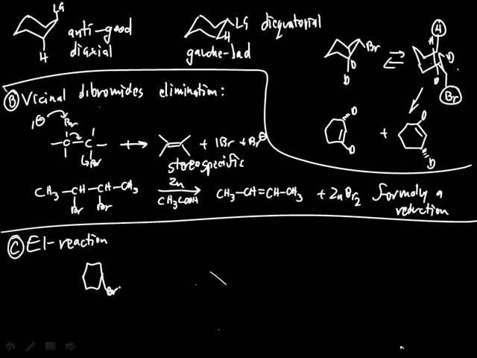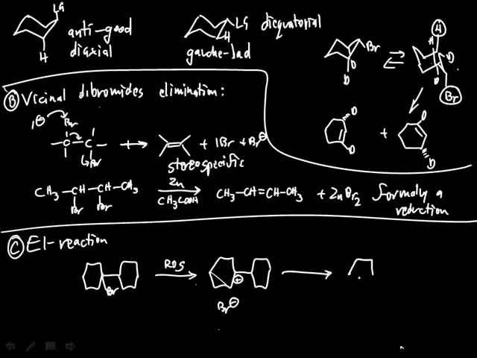So if we had this dicyclohexyl system, then our first rate determining step would be elimination of bromide to give us a cation. And then this cation would then eliminate hydrogen to get to the most stable tetrasubstituted alkene.